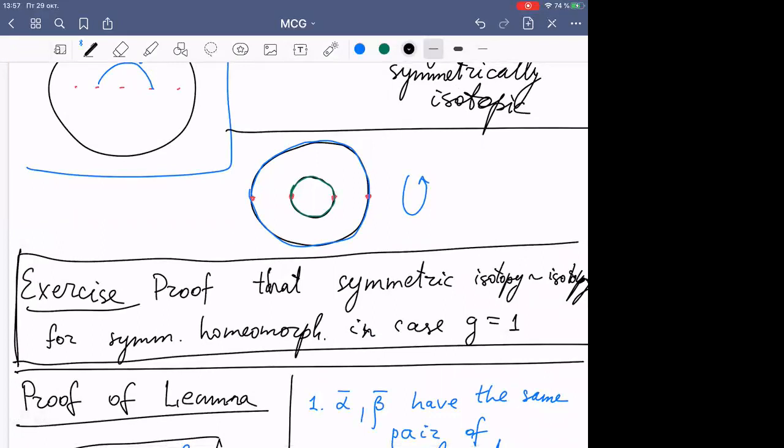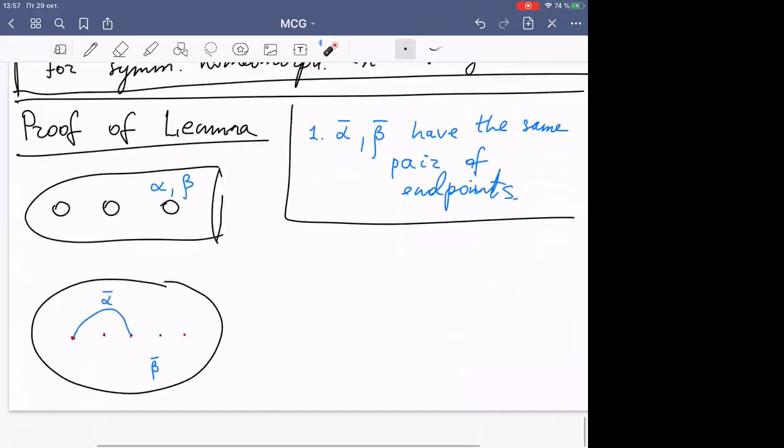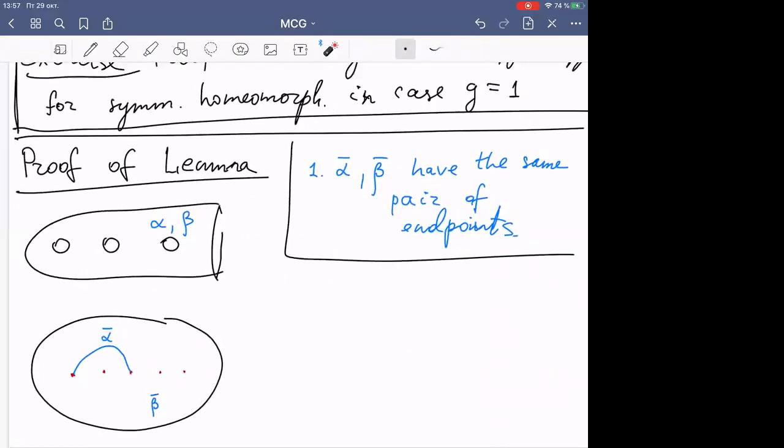Indeed, in this particular example, this is not true, if these two curves alpha and beta have the corresponding arcs with different endpoints. Why is this true when G is greater than or equal to 2? Okay, if G is greater than or equal to 2, then we have 2G plus 1 marked points, so we have at least 5 marked points.